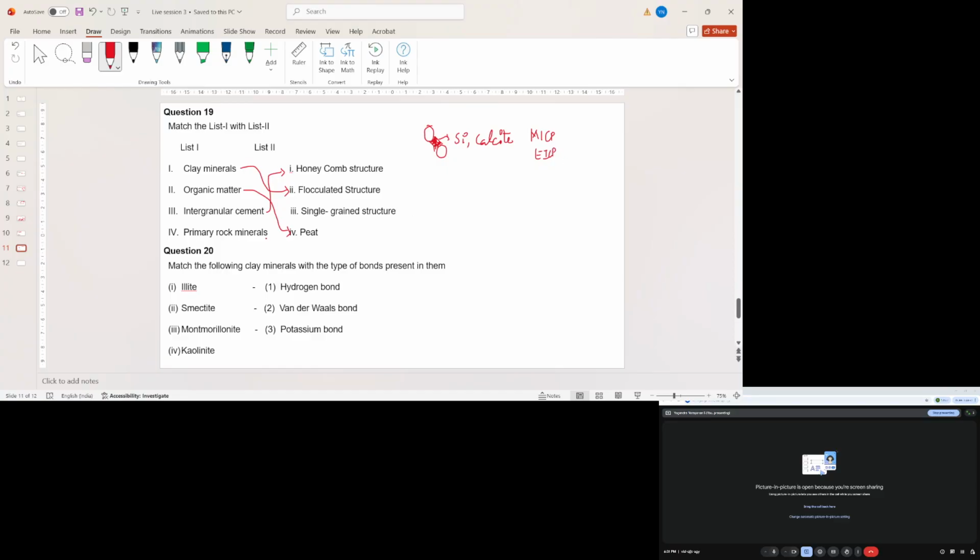And primary rock minerals are essentially quartz and feldspars, for example, those predominantly exist in single grain structure.